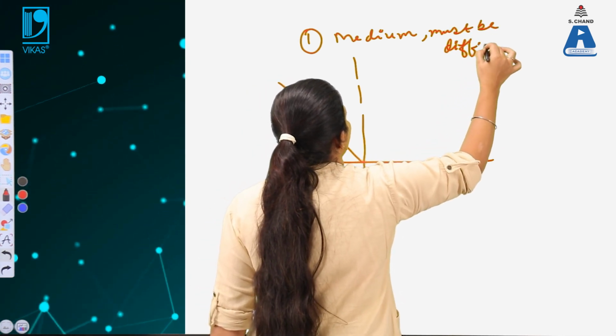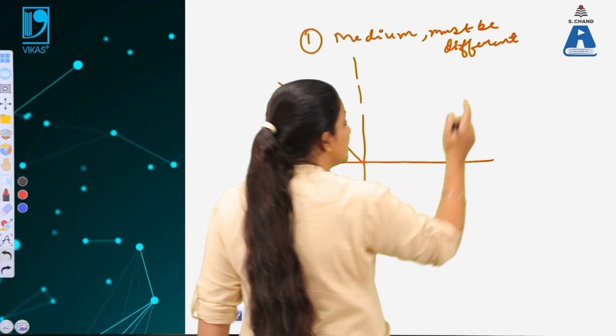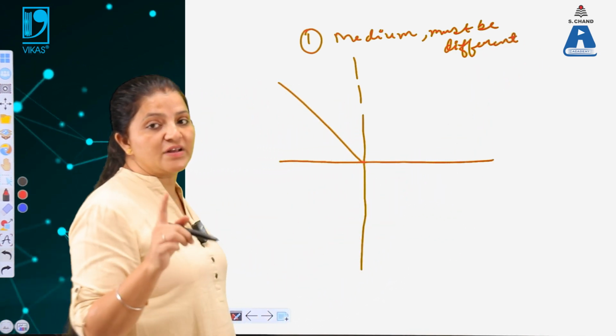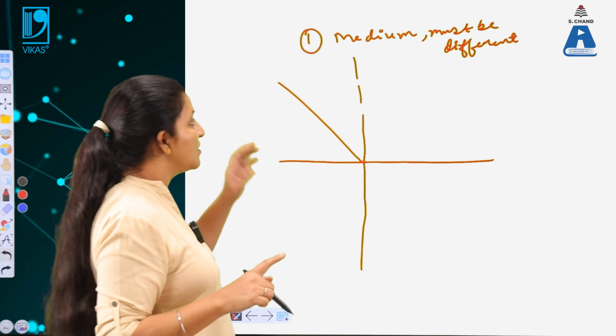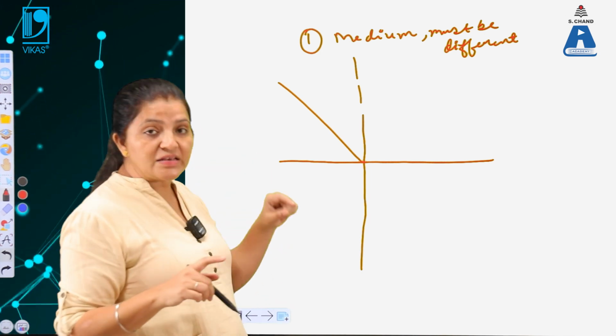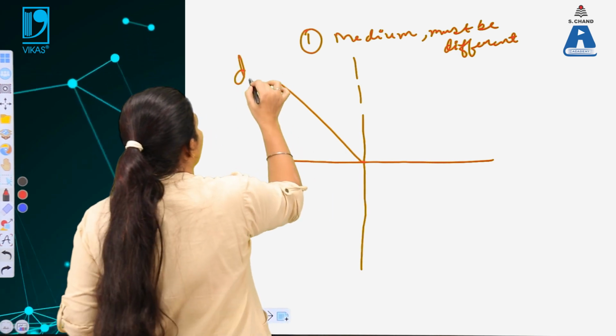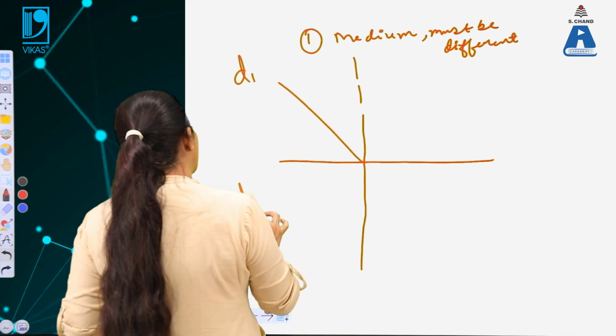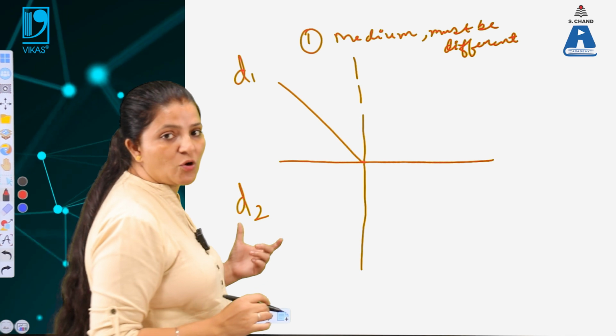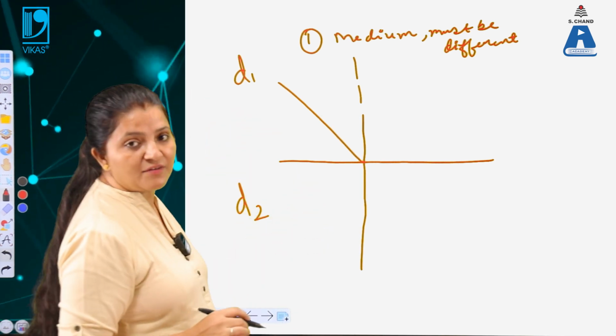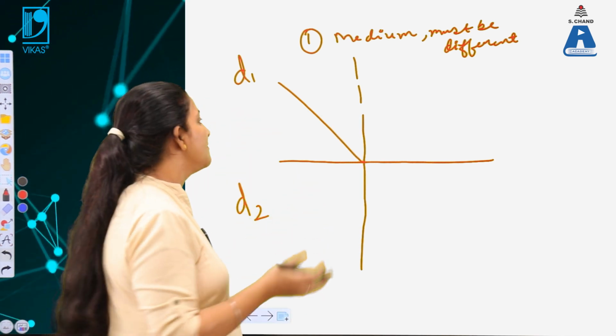That means light has to travel from one media to another media with a different density. If this is so, the light gets refracted. Now, if the density of this media is D1 and the density of this media is D2, depending upon that, the light gets reflected, incident and refracted.